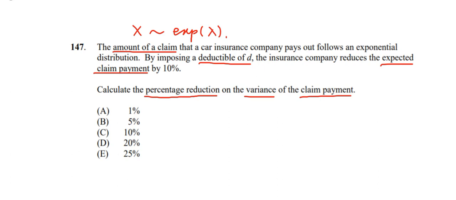By imposing the deductible d, what is the payment Y? From 0 to d, the payment is 0, and from d onward the payment is x minus d.